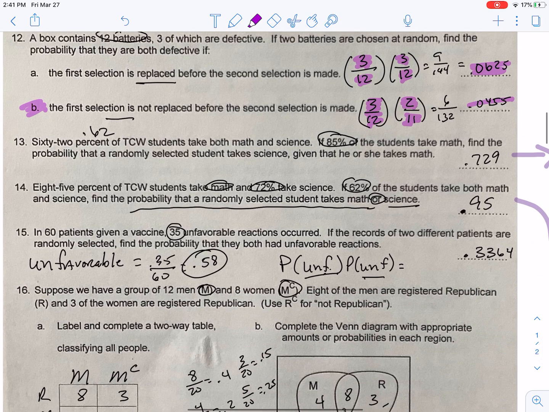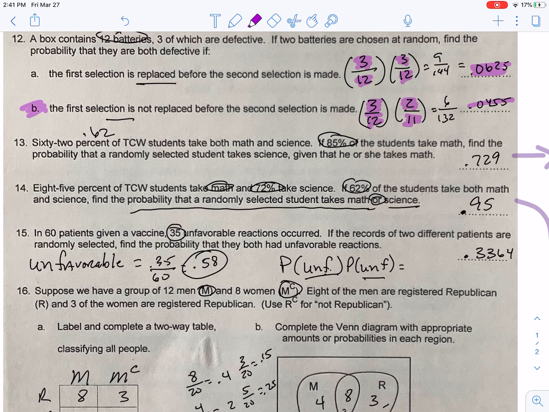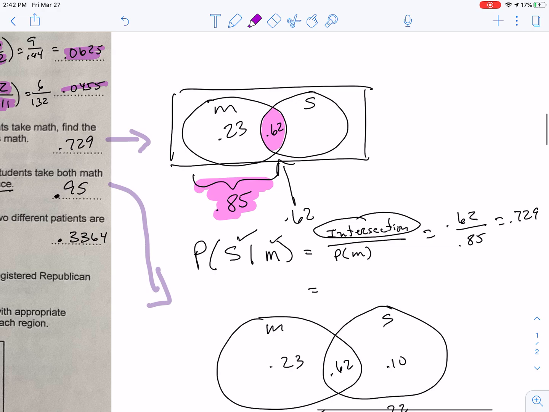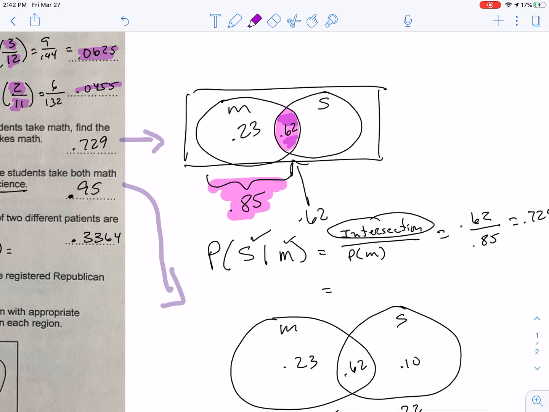Number 13 and 14, I've kind of put over to the side. Notice 62% take both math and science. So notice that's the center right here. I know that math has to add up to 0.85, so this has to be 0.23, because both of those have to add up to 0.85.